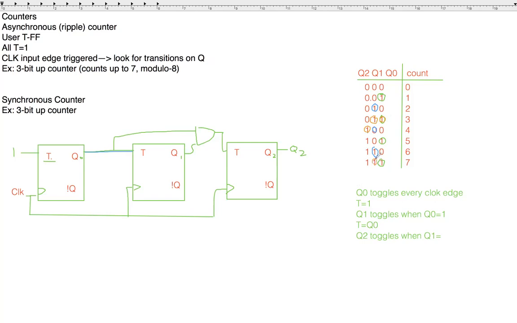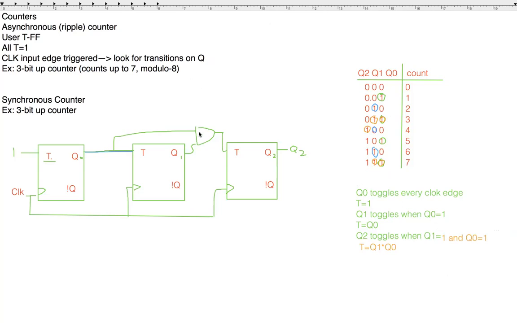And because our next state is going to be 0, 0, 0, the Q2 value will change from 1 to 0. So it's when Q1 and Q0 are both 1. So here I'm going to write when Q1 is equal to 1 and Q0 is equal to 1. Now that I wrote that, that means T is equal to Q1 times Q0.